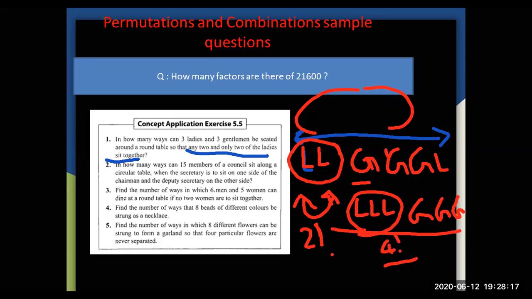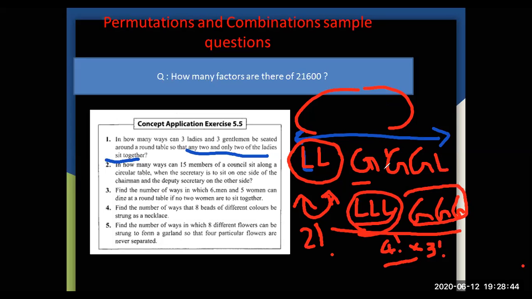And then you can rearrange these 3 amongst themselves in three different ways. So there's that.